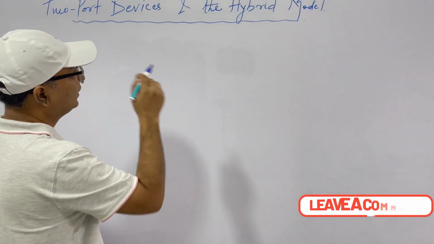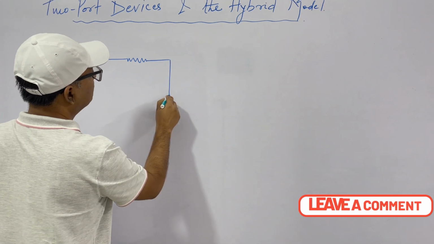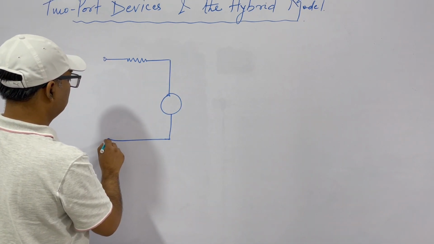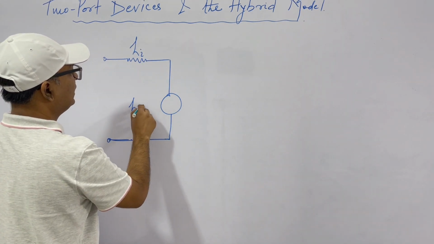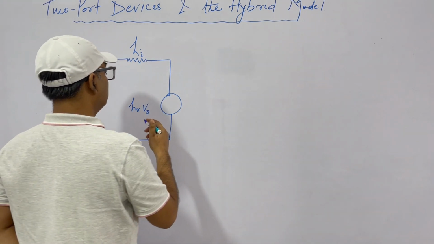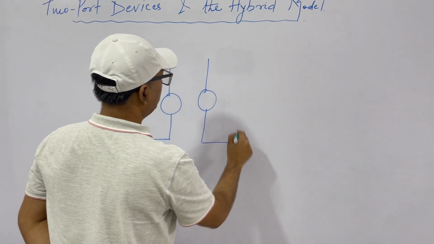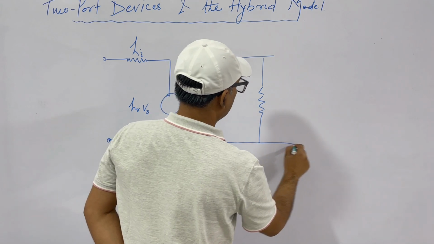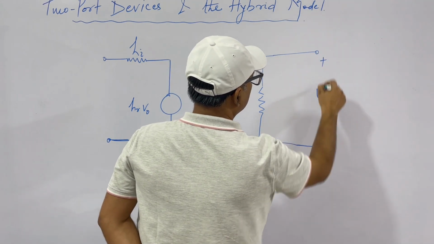Now let's draw the hybrid model for a transistor, which is basically a two-port network. So the model for the transistor is like this. This is HI, this is HR V2, the output voltage.